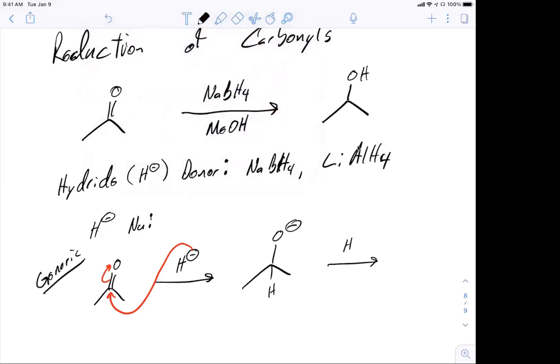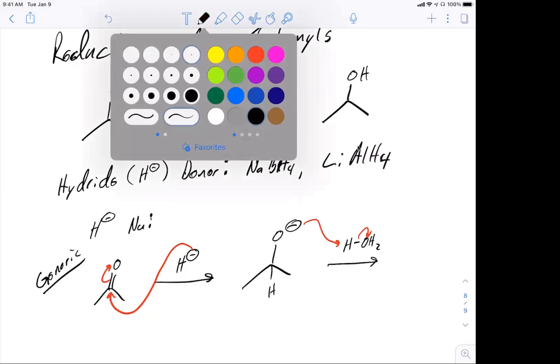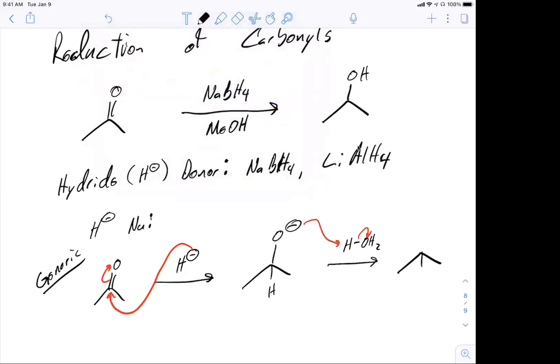And then my next step is going to be a proton transfer to complete the reaction and get the alcohol. Whether it's sodium borohydride or lithium aluminum hydride, we both get a hydride attack on the carbon of the carbonyl.